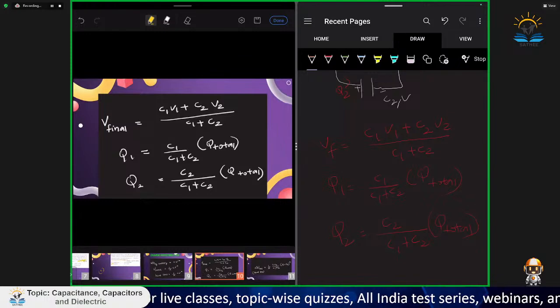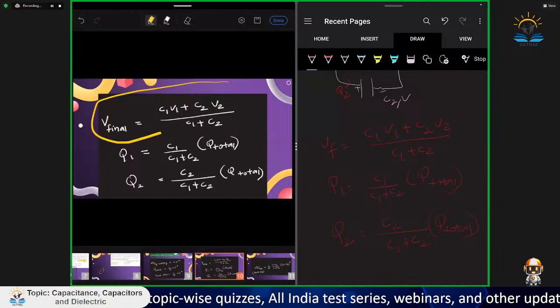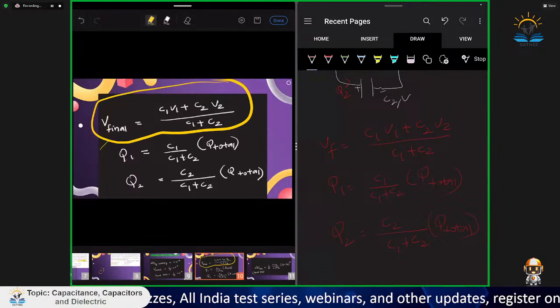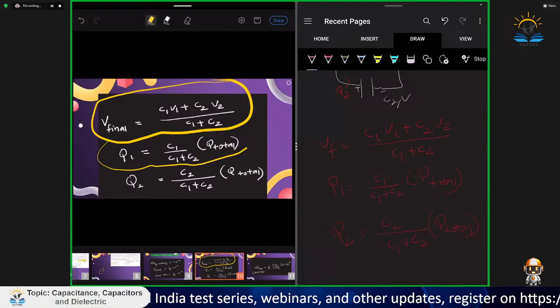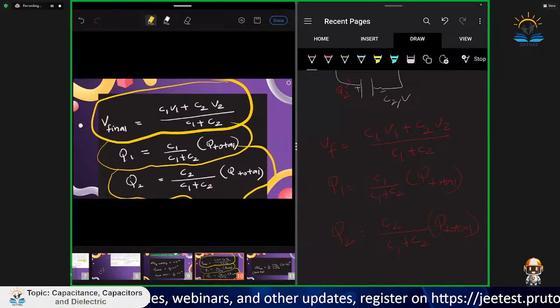Easy, simple formulas. V final is equal to C1 V1 plus C2 V2 divided by C1 plus C2. Q1 is C1 by C1 plus C2 into Q total. Q2 will be C2 by C1 plus C2 into Q total.